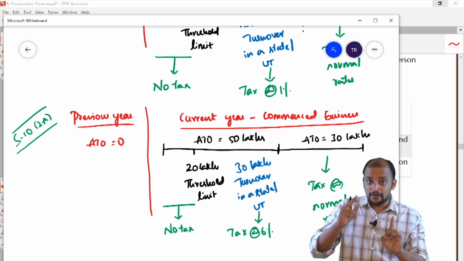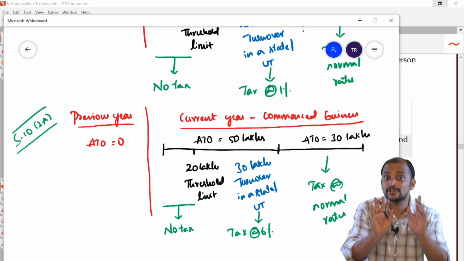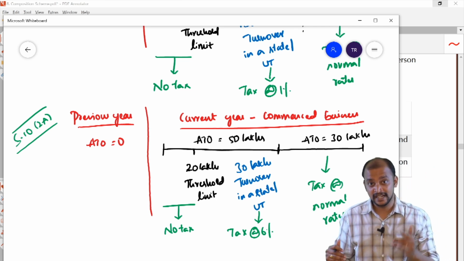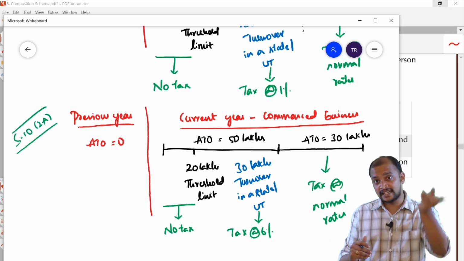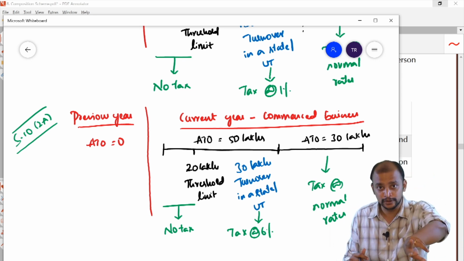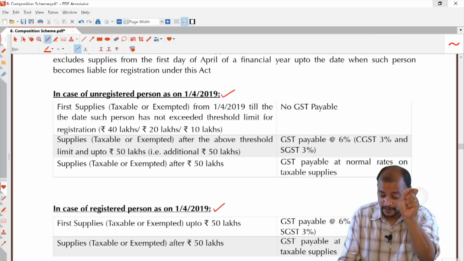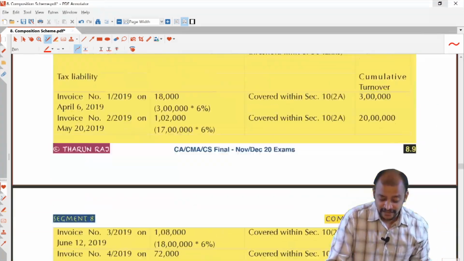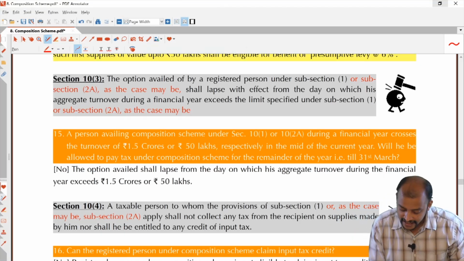Then whatever we have analyzed based on explanation 2 is wrong. What is the mistake they have done? They corrected it by giving explanation 2 as an amendment, but they forgot to correct 10 subsection 3. Because in 10 subsection 3, what word have they used? Aggregate turnover.